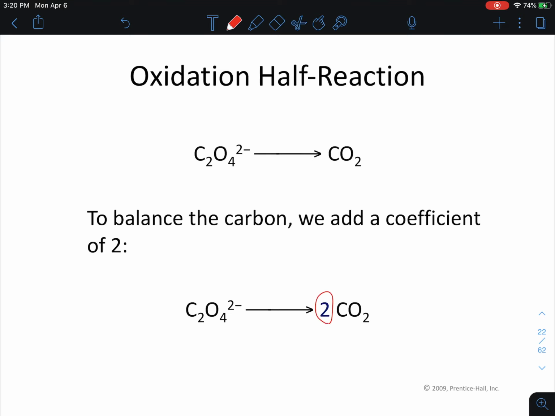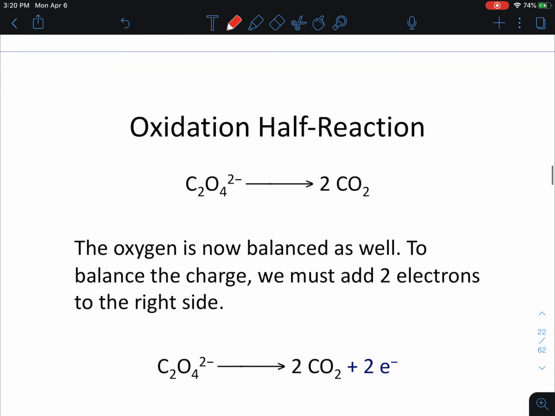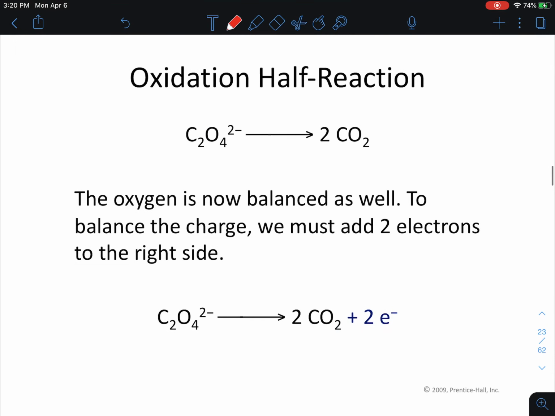So that's supposed to be in blue, but it's not standing out that well. So there's our 2 on the right-hand side to balance the atom count. Now we check to see if oxygen is balanced, and it is. There's 4 on both sides. That got balanced when we added the 2 to the right side.